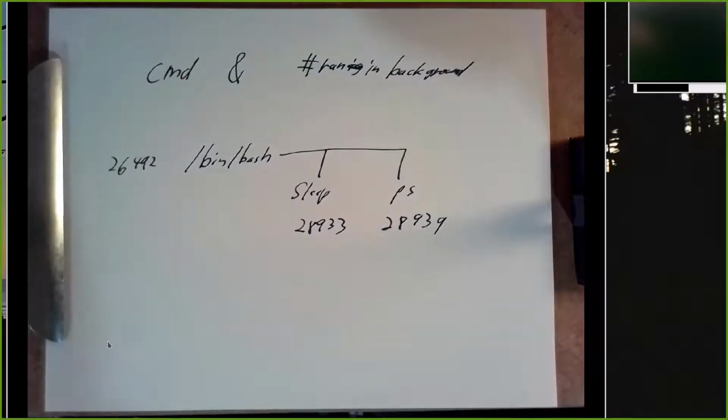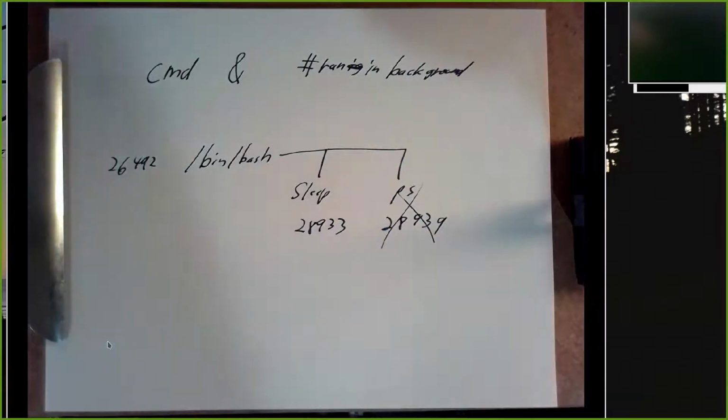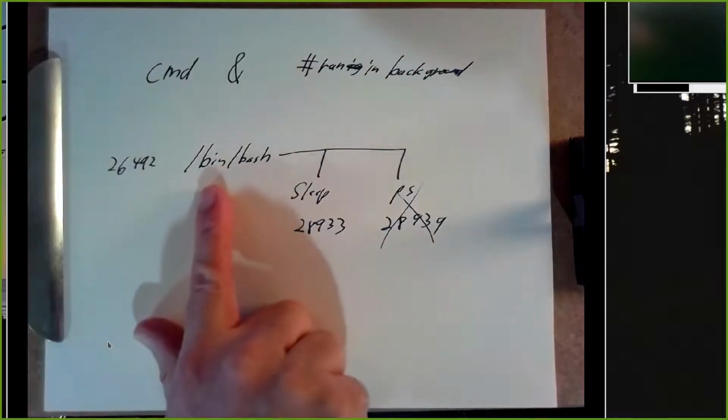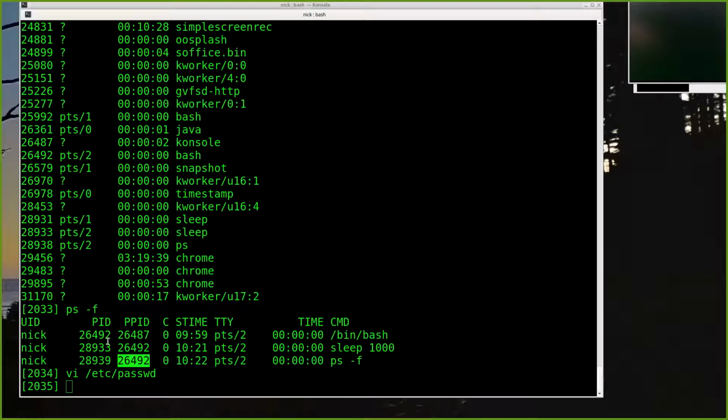Right, so something like that. Now the ps has already gone away, because once it finishes showing you what processes are out there, the command exits. But sleep is still hanging out there running, and my bash shell is of course still sitting out there running. And the parent of my bash process is 26487.